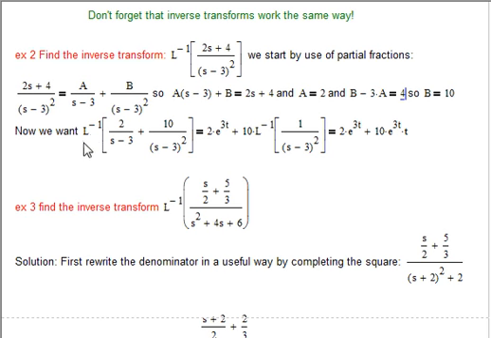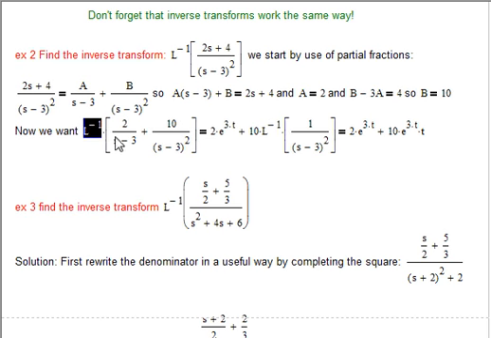So what we want now is the inverse transform of 2 over (s - 3) plus 10 over (s - 3)^2. For this, it's 2 times e to the 3t. For this, it's 10 times the inverse transform of 1 over (s - 3)^2. Well, stop and think.